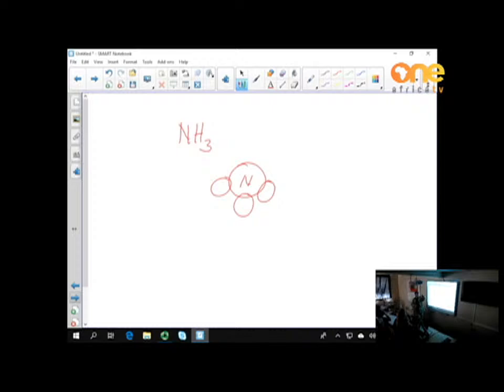It's difficult to draw because it's a flat surface, and the molecules are 3-dimensional. But it's got like a tripod, like a triangular foot. So the ammonia would be an example of a pyramidal shape. And we'll have a look at those angles in a moment.